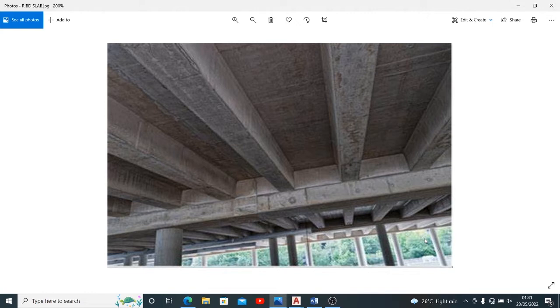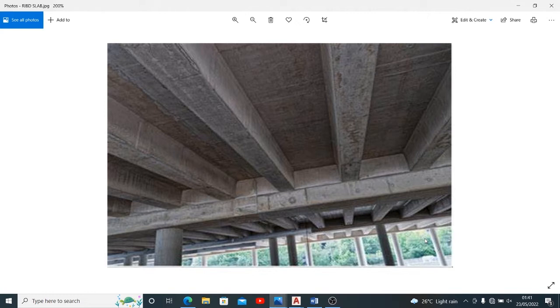Right, so this is a rib slab, like I was saying, and this rib slab has several advantages over solid slab. One of the advantages is that it is more economical, because you can see that certain volumes of concrete have been taken off, forming different shapes, as you can see here. So certain volume of concrete has been taken off, and of course it saves cost that way. It can also be used for longer spans, usually greater than 5 meters thereabouts.